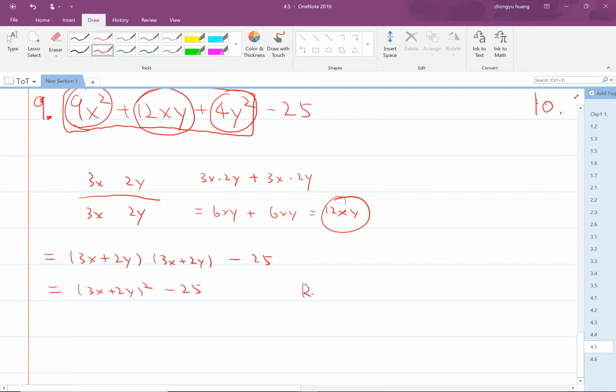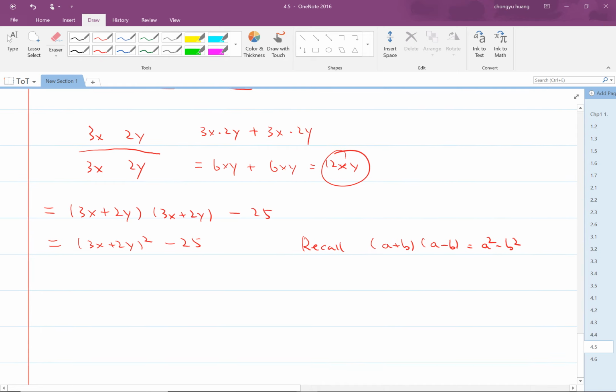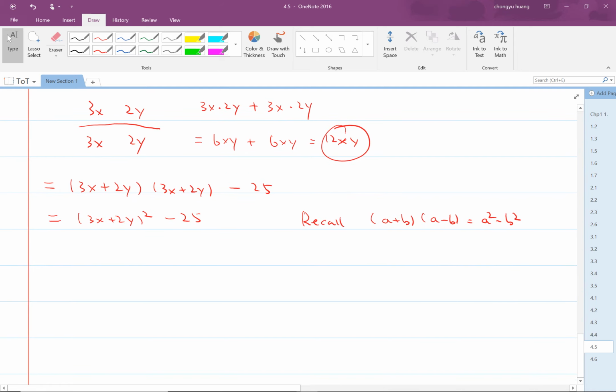Okay, so let's recall one of the properties again. The property we're going to recall is a plus b times a minus b is equal to a squared minus b squared. So we can use this property again here to factor out more.